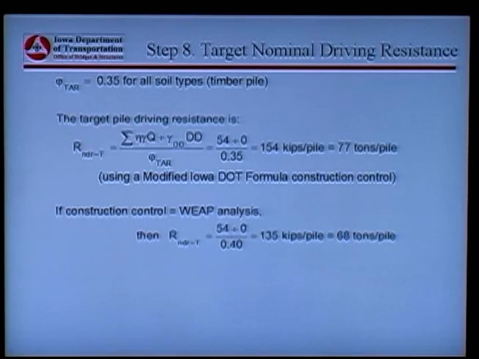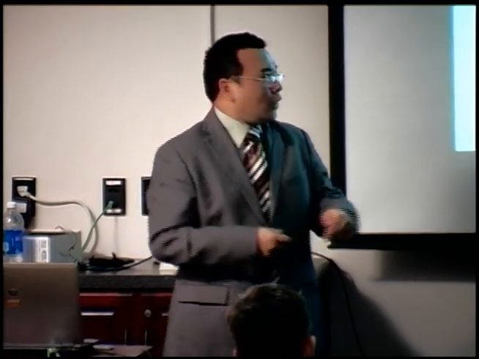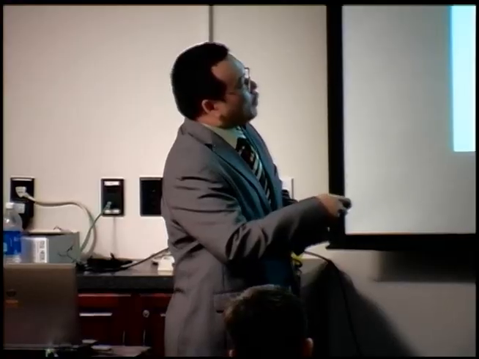So what is meant by target driving resistance is that during construction, you drive the pile, right? And the pile capacity shall be equal to or more than 77 tons at the end of driving. Okay?